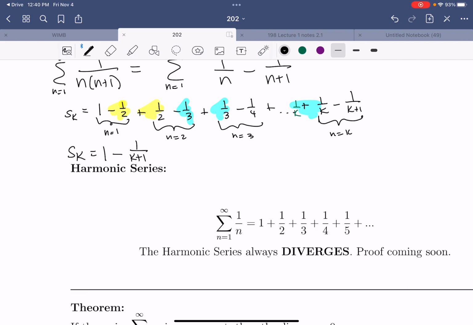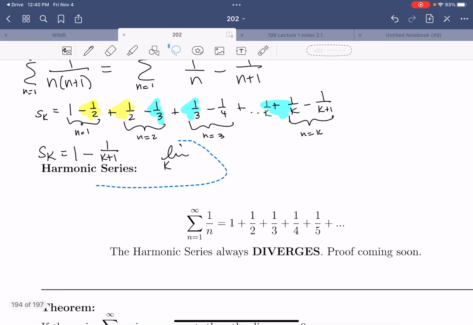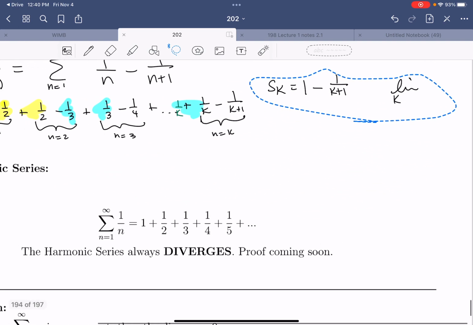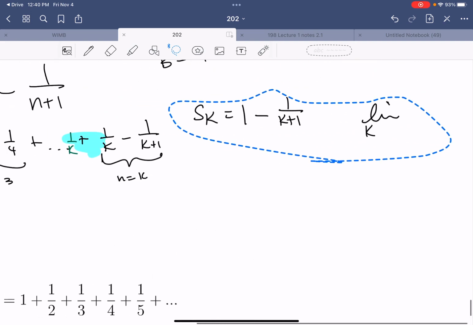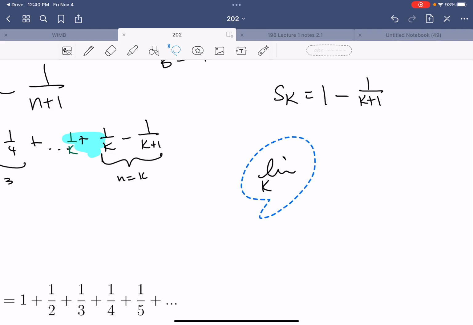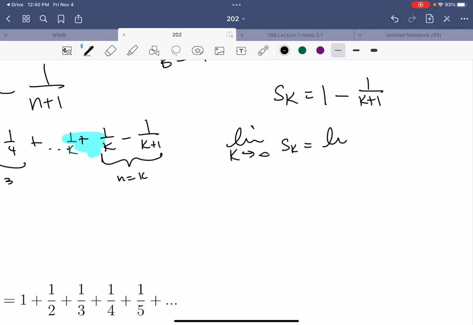So if we look at the limit as k goes to infinity, and I'm running out of space, so let me move this to the side. So if I take the limit as k goes to infinity of this s_k, that's the limit as k goes to infinity of 1 minus 1 over k plus 1.